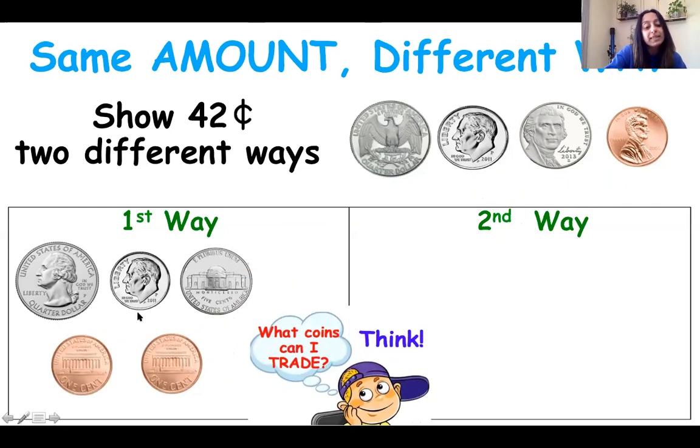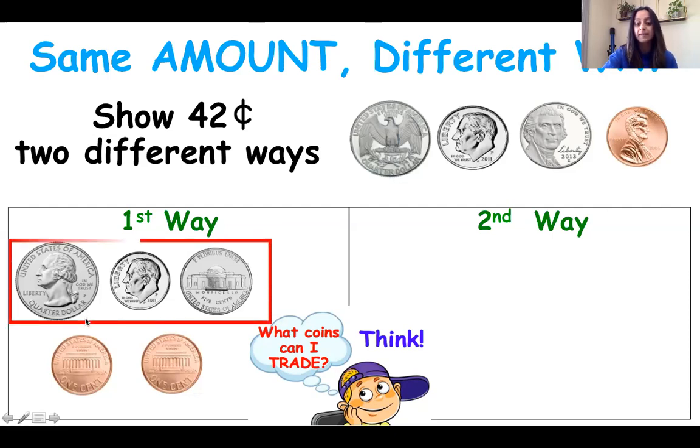Look at these coins that we have in our first way. What can I trade to show a second way? This time, I challenge you to try to pick more than one coin and put them together to trade. What I did was I took this quarter, this dime, and this nickel, because I know that 25 cents, 35 cents, 40 cents, it makes 40 cents.